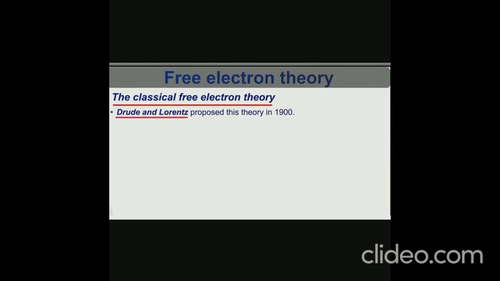According to this theory, metals containing free electrons obey the laws of classical mechanics. The model treats metals as containing a gas of electrons completely free to move within them, to describe the thermal properties of metals.